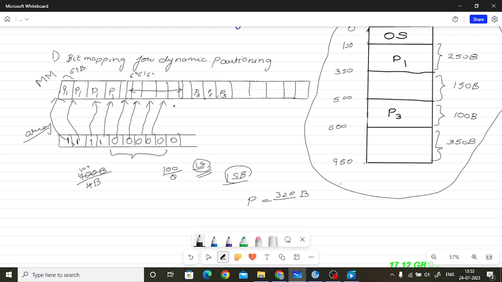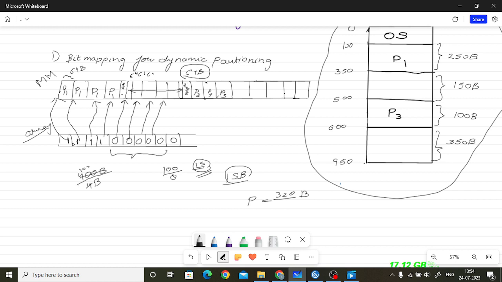Okay, so by taking a larger value, this half means the 32 byte here and 32 byte here is going to be wasted. Okay, total 64 byte is going to be wasted, and this is not for a single process.